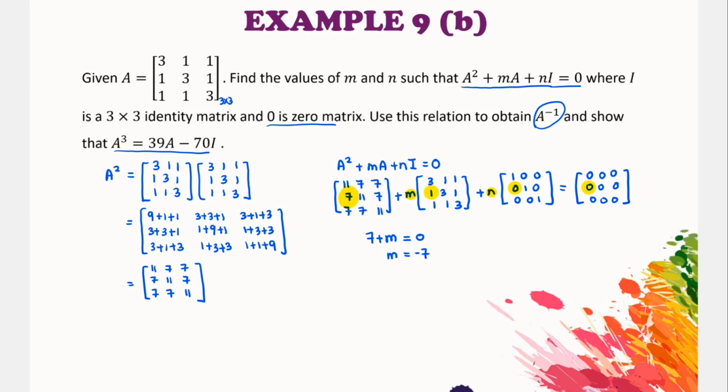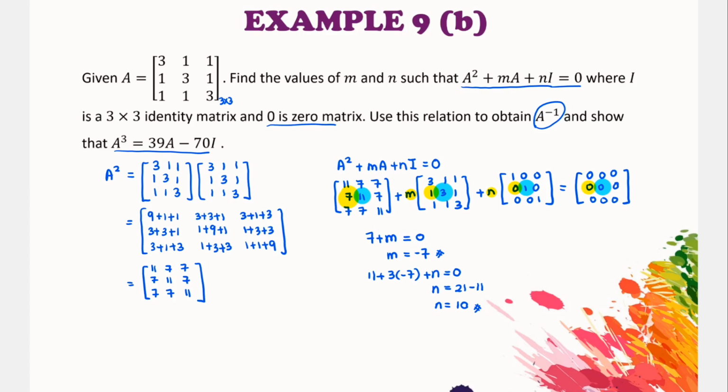So we get the value of M first. 11 plus 3M plus N will be equal to 0. So 11 plus 3 times negative 7 plus N is equal to 0. So that means N is equal to 21 minus 11, which is equal to 10.